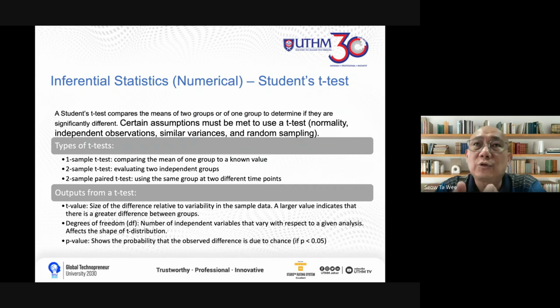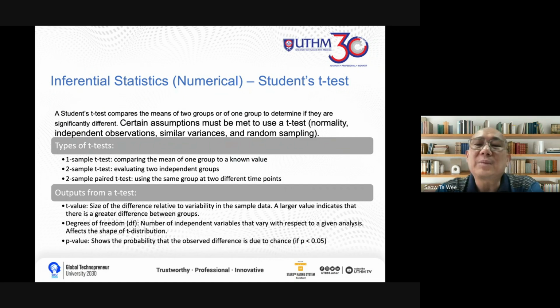Now we have two, male and female. Some studies in other countries have other types of gender, somehow going to three. If two, we use the t-test. If you categorize it into three types, you have to use ANOVA.